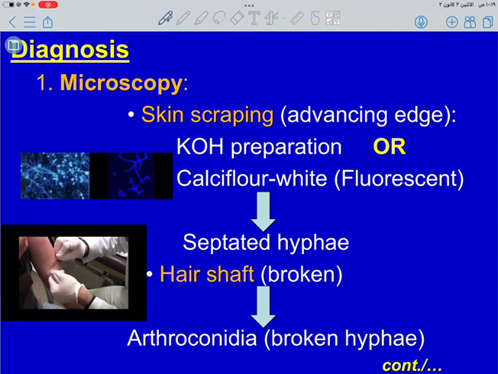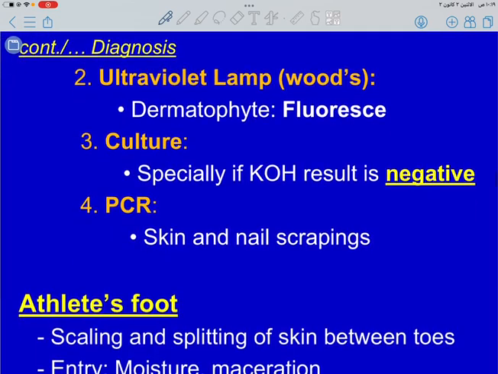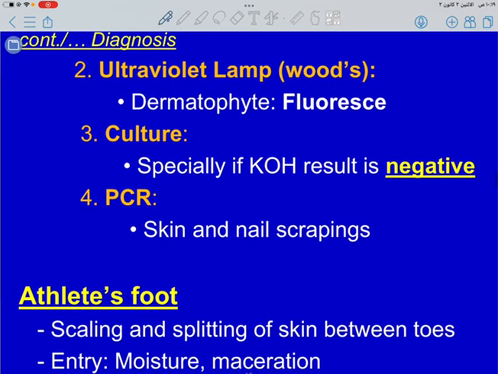You can see septated hyphae, and the hair shaft may be broken, arthroconidia. Okay? We can use ultraviolet lamp, زي ما شفنا بالصورة, which is called Wood's light. Dermatophytes show the fluorescence emission.